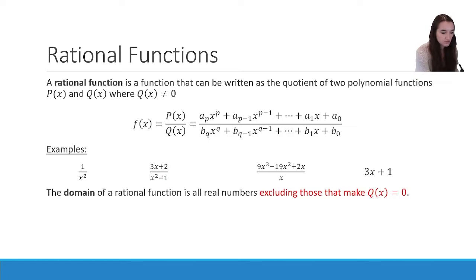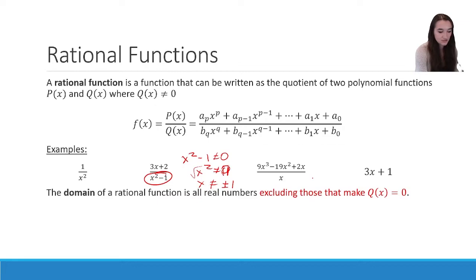For our second one, we want to take q of x, which is x squared minus 1, so x squared minus 1 can't equal 0, so x squared can't equal 1. That's my bad. So x cannot equal positive or negative 1. Remember that positive or negative, that's important.